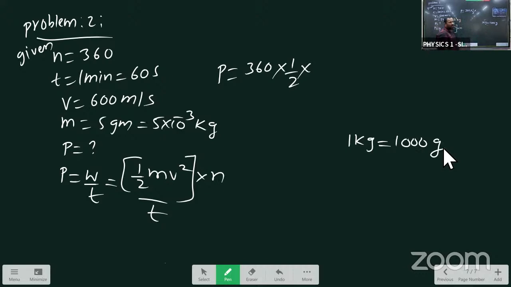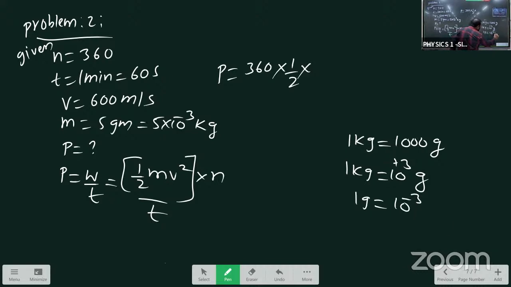Just now I said in the previous problem, kilo indicates 1000. 1 kilogram is nothing but 1000 gram. Here 1 kilogram is 1000, I am writing like this, 10 to the power of 3. Then 1 gram, plus 3 there, taking to the left side means 10 to the power of minus 3. Plus means minus. 1 gram equals 10 to the power of minus 3. This one we are writing as 1 by 1000.